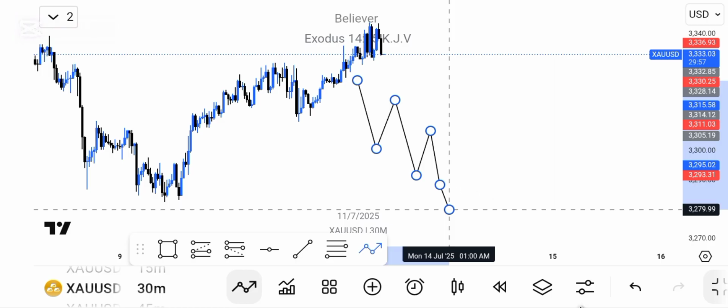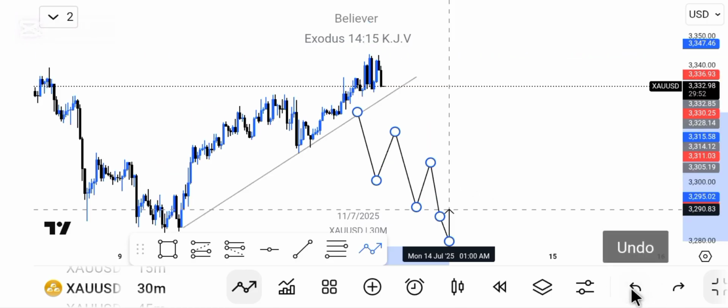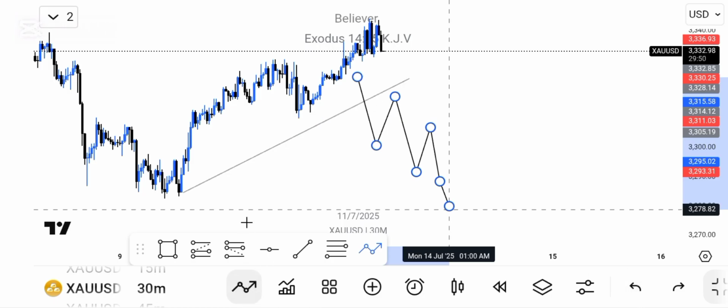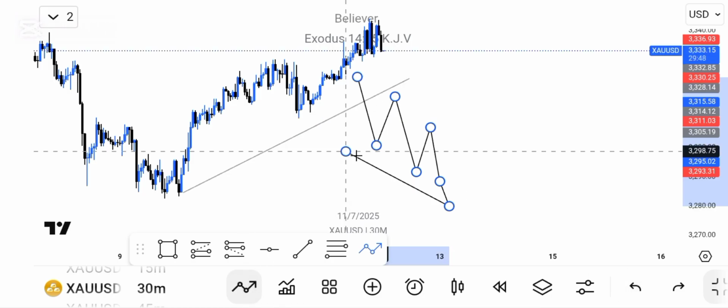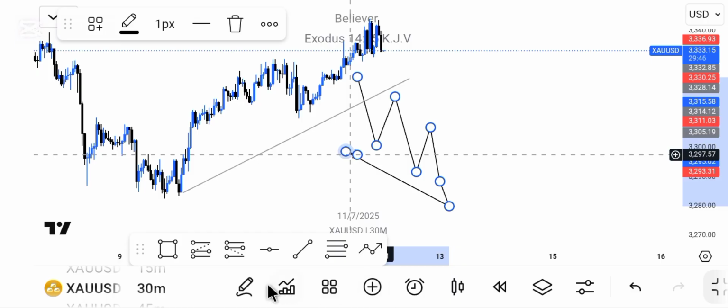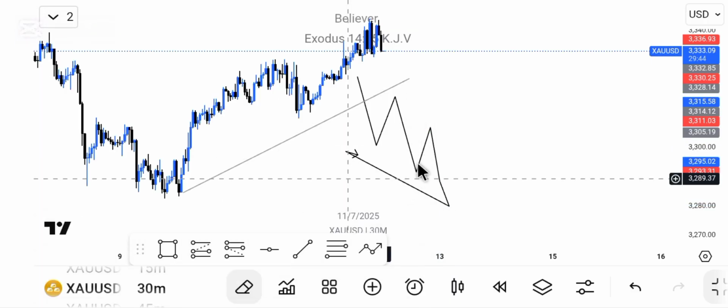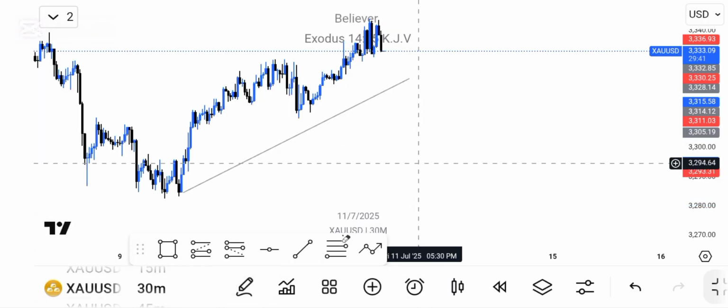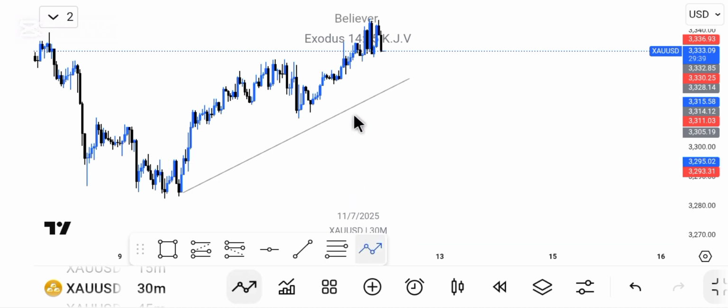That was not what I wanted to do. Please, I will just erase this. All right. So here's what I want to see price do.